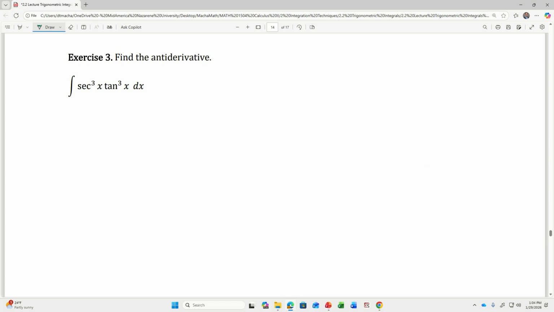And what I'm going to do, if the power of tangent is odd and positive, is convert as many of the tangent squareds as I can into secant squared minus 1. And I'm leaving behind one tangent for a good reason.